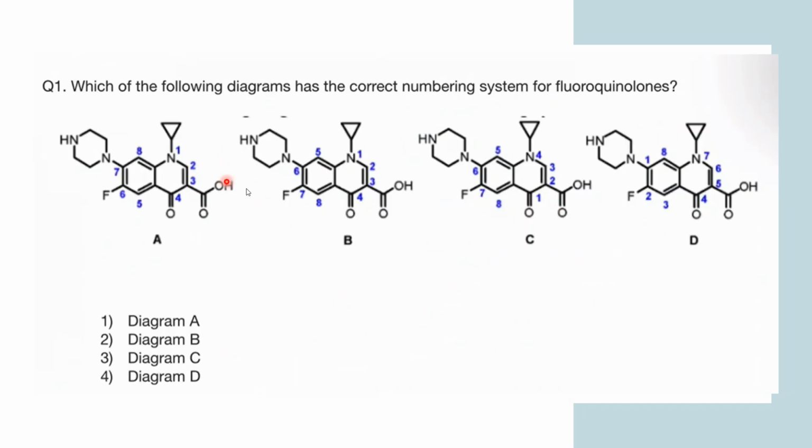This is the numbering which is done in fluoroquinolones. You have to identify which of them is the correct numbering system. Is it diagram A, B, C, or D? Does anyone know the answer? What do you think is the correct numbering of that fluoroquinolone?